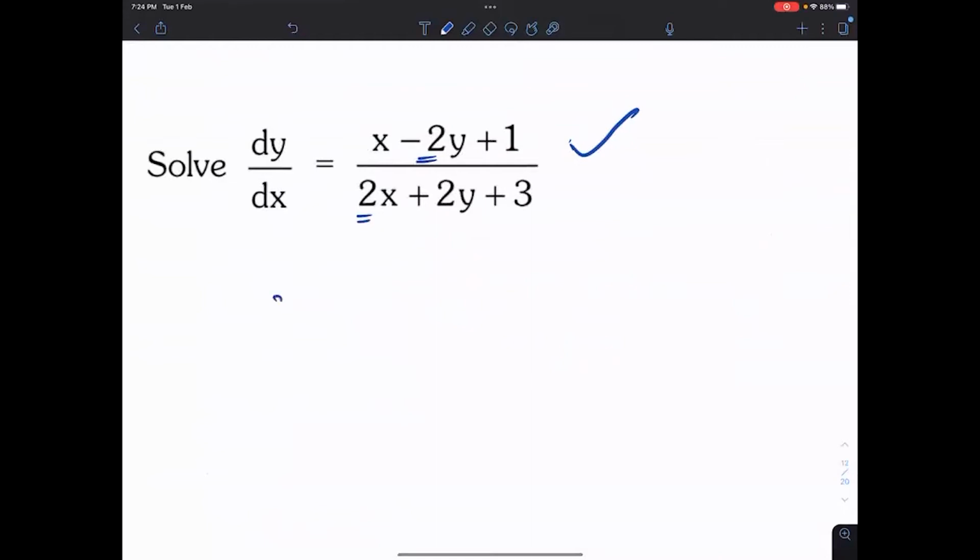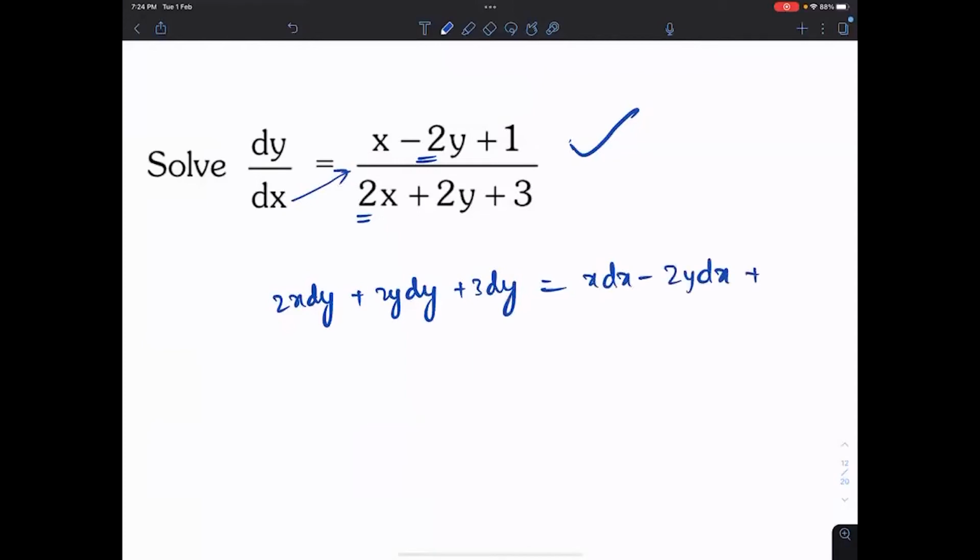Cross multiply. You will get 2x dy plus 2y dy plus 3 times dy is equal to this dx. If I multiply this side, x dx minus 2y dx plus dx. Now, whenever you do this, there are some easy terms which you can integrate directly, because the variable of integration and the function are the same.